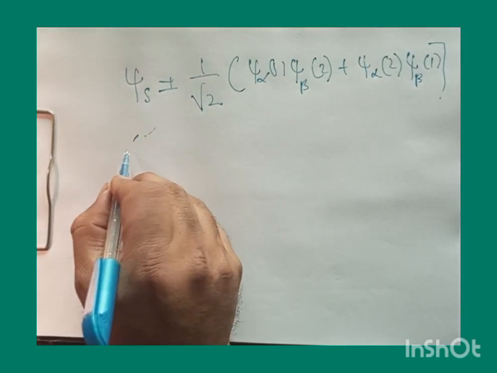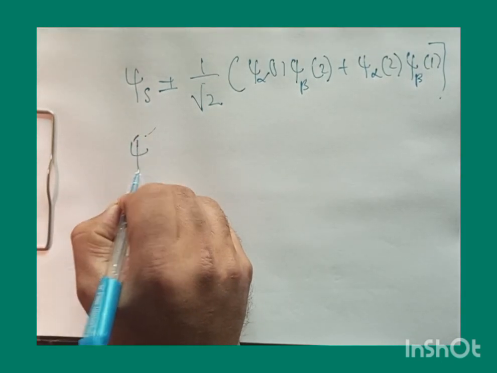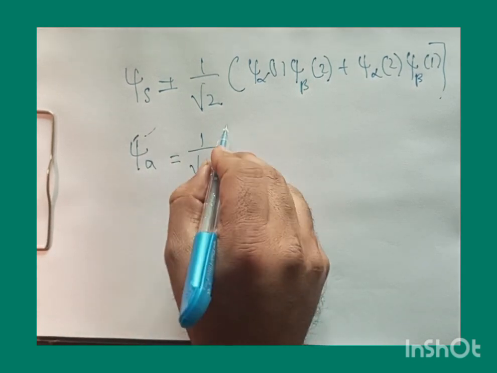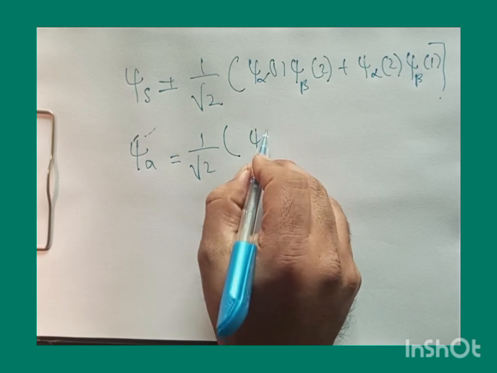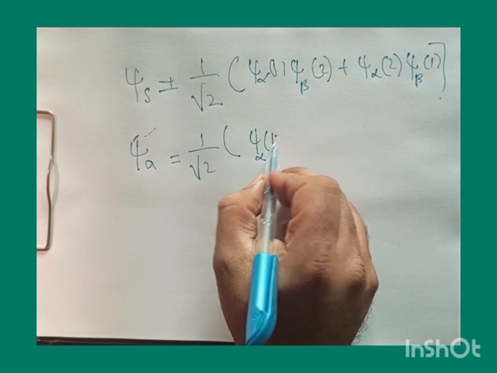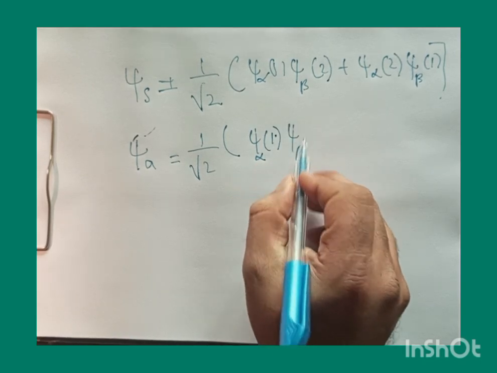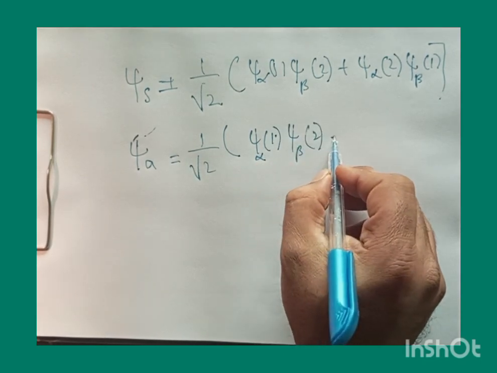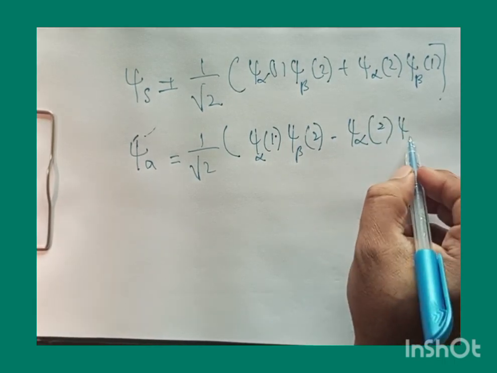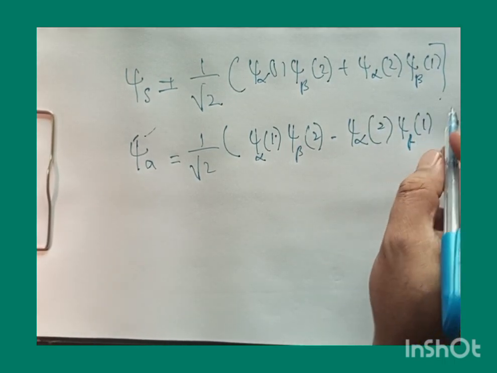For the anti-symmetric wave function, suppose that is psi a, that will be 1 by root 2 of psi of alpha for particle 1, psi of beta for particle 2, minus psi of alpha for particle 2 and psi of beta for particle 1.